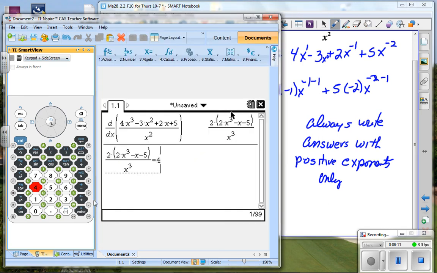We had 4 minus, and then we had a fraction of 2 divided by x squared, minus another fraction, 10 divided by x cubed. If our answer is equivalent to the answer the Inspire gave, it will say true.